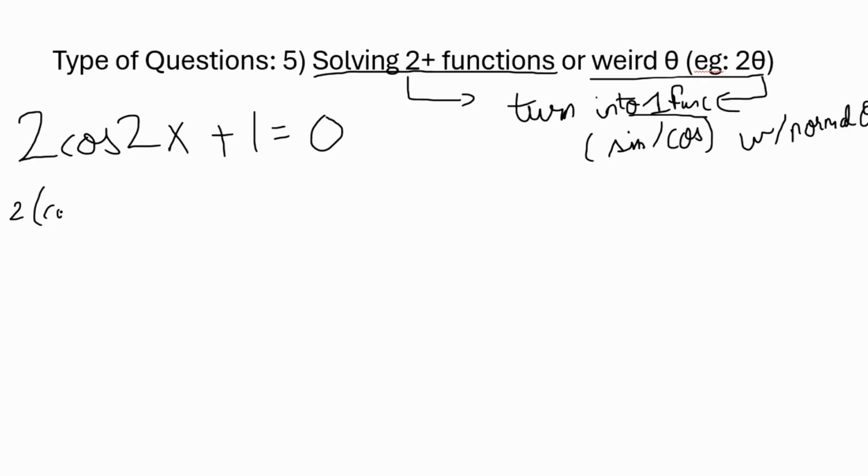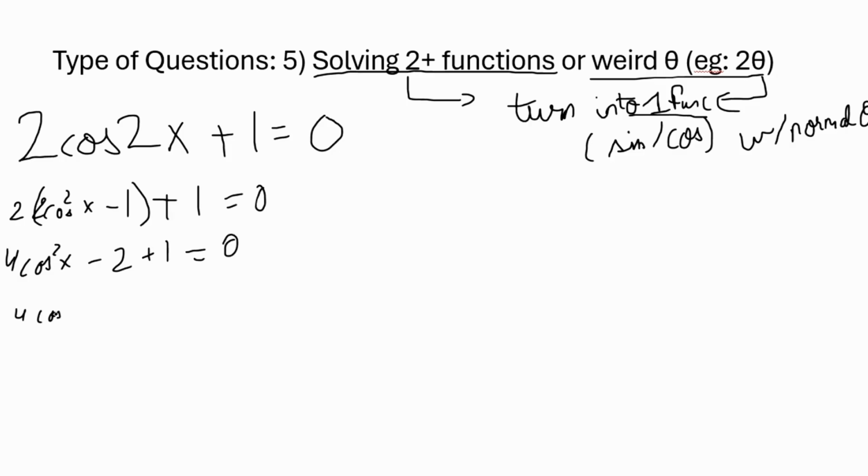I'll show you why. It becomes 2 times (2 cos squared x minus 1) plus 1 equals 0. 4 cos squared x minus 2 plus 1 equals 0. And it becomes 4 cos squared x minus 1 equals 0.